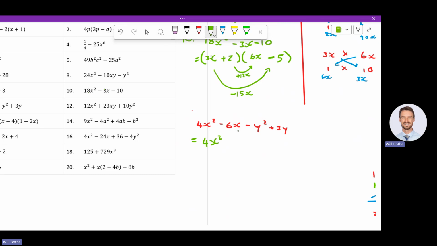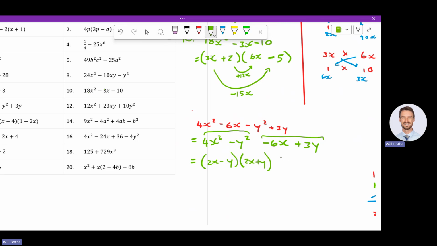Let's try the two squares together. And then I'll try the 6x and the 3y together. I mean, let's just try it. With the first two, those are difference of squares. I'll be left with 2x minus y and 2x plus y. And what's going to factorize? Think about the previous one.